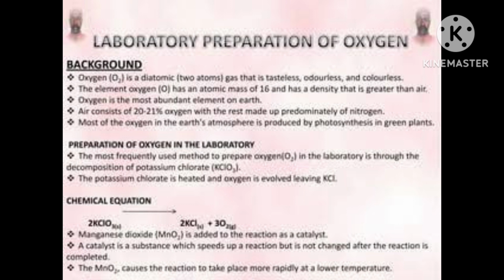O2, oxygen gas, is a colorless and odorless gas. No taste, no odor, no smell. Its solubility in water is 3.08 cm³ per 100 cm³, which means in 100 ml of water, 3.08 ml of oxygen dissolves at 293 Kelvin.